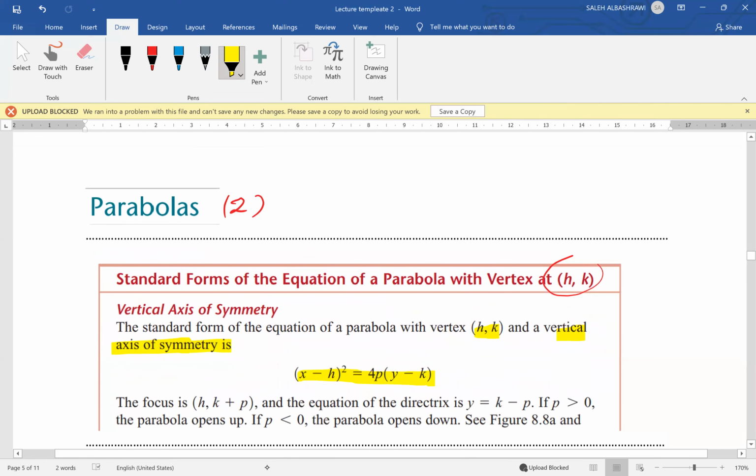The focus will be given by (h, k plus p), and the directrix will be y equals k minus p. Now, if p is greater than 0, then the parabola will open upward. If p is less than 0, then the parabola opens down.